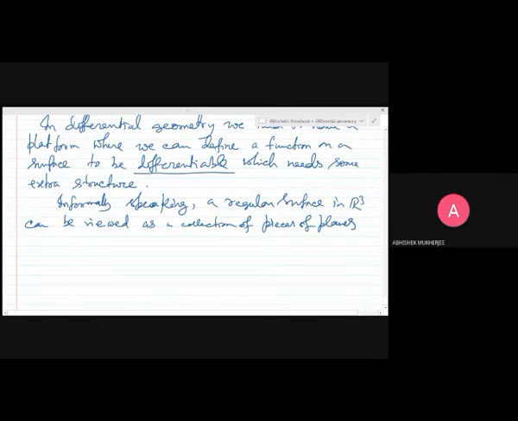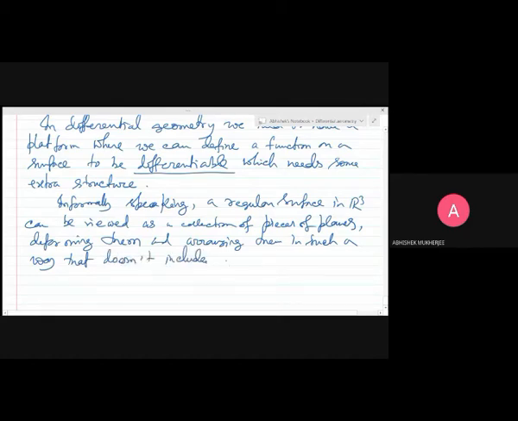So yes, pieces, deforming them and arranging them in such a way that does not include sharp points, self intersections, edges, etc.